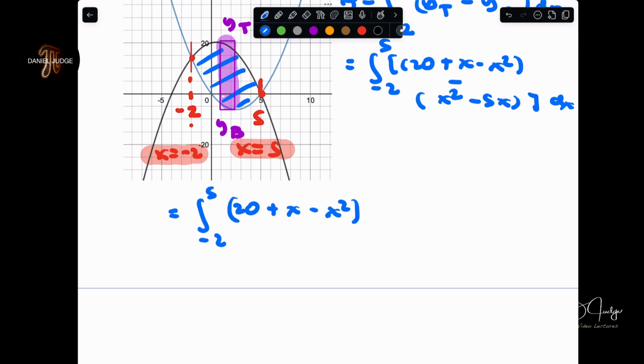Okay, do some algebra now. Distribute here, multiply the difference there with a -1. Remember, that's really a -1 there.